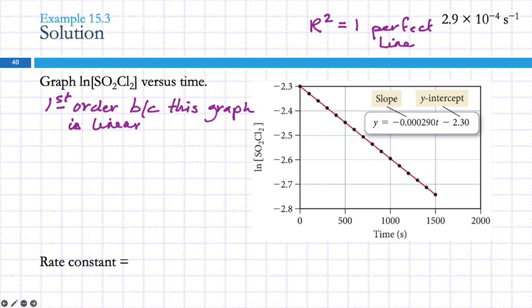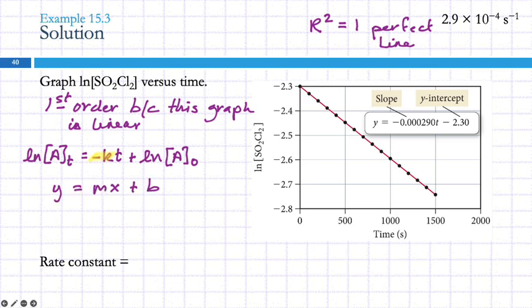So here we have our first order reaction, determine the rate constant. Well, if we look at that integrated rate law, natural log of A at time t is equal to negative kt plus the natural log of A0. What does the slope correspond to? Negative k. This is the slope for y equals mx plus b.